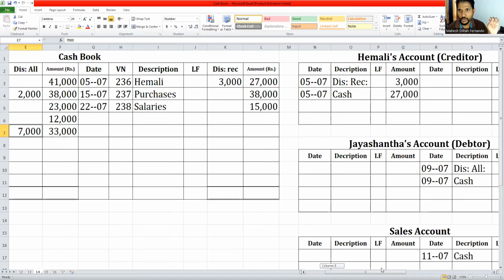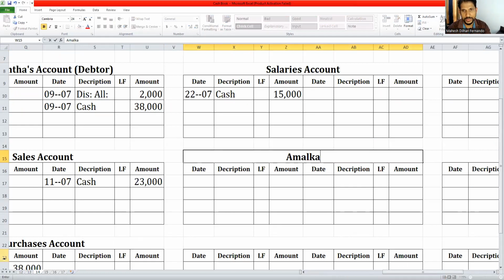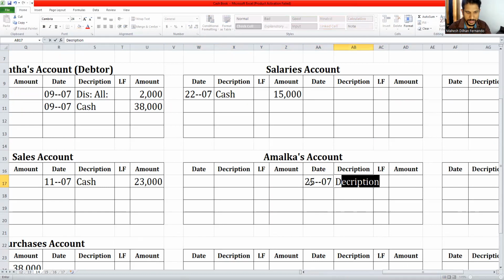Now I am going to prepare Amalka's account, where Amalka is a debtor. We have collected on the 25th of July, discount allowed is 7,000.